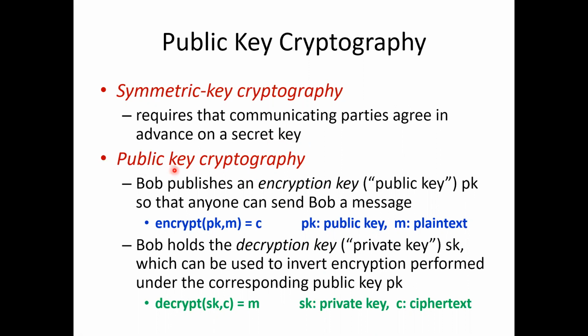It's called public key cryptography, where, for example, Bob, the receiver in this scenario where Alice sends a message to Bob, creates a pair: an encryption key, which we call the public key, and a decryption key, which is the private key. So when he generates his key, he doesn't generate a single one, he generates a pair.